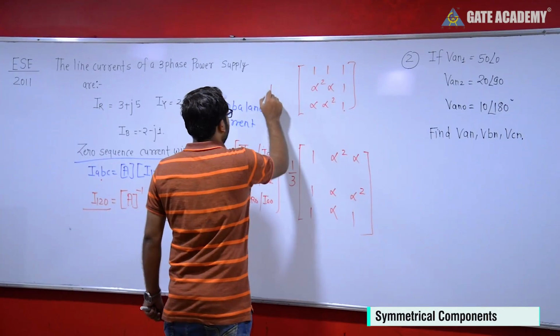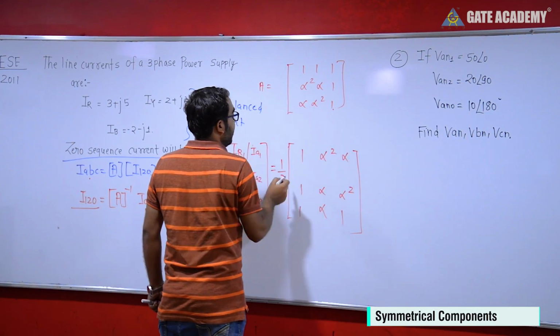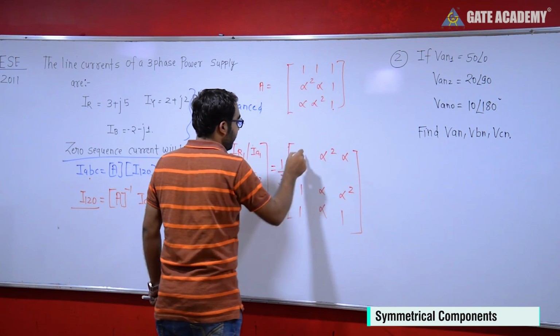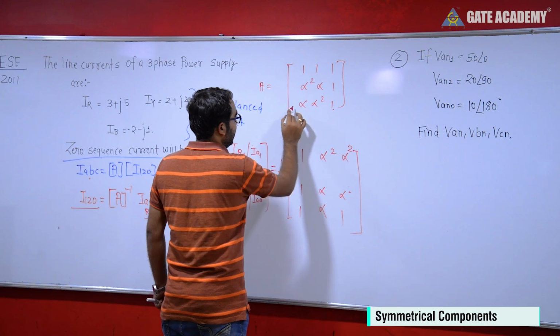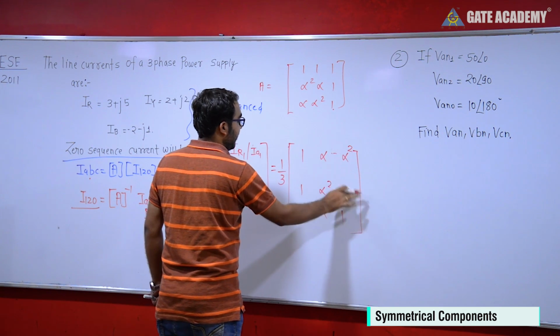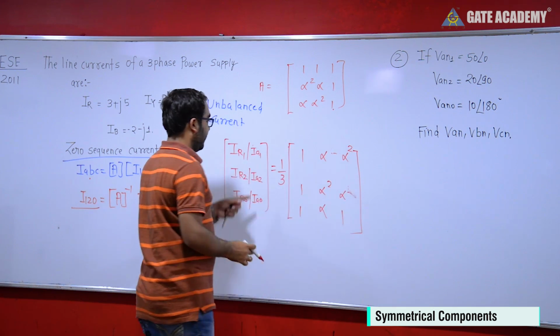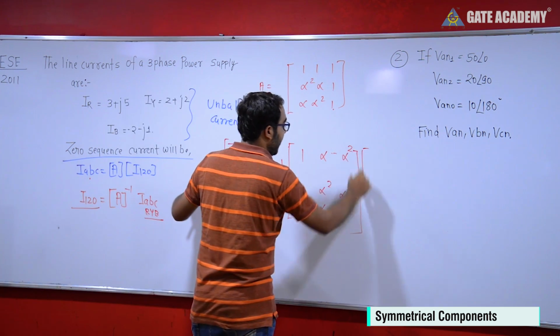As we know, the matrix A is given by 1 1 1, alpha square alpha 1, alpha alpha square 1, and we have seen the property of the first row first column, second row third column, and third row second column. So this is the value of A inverse. We want to find I120 through ABC or RYB.